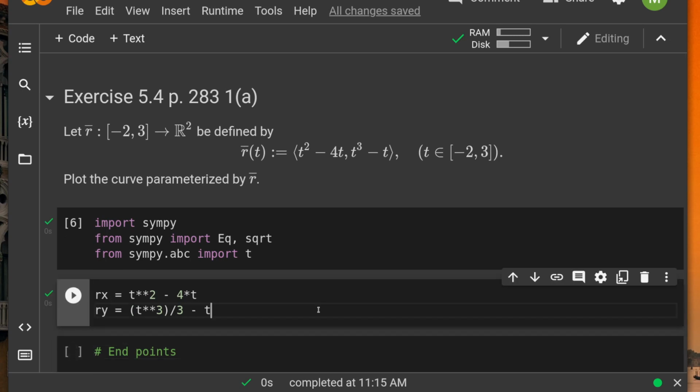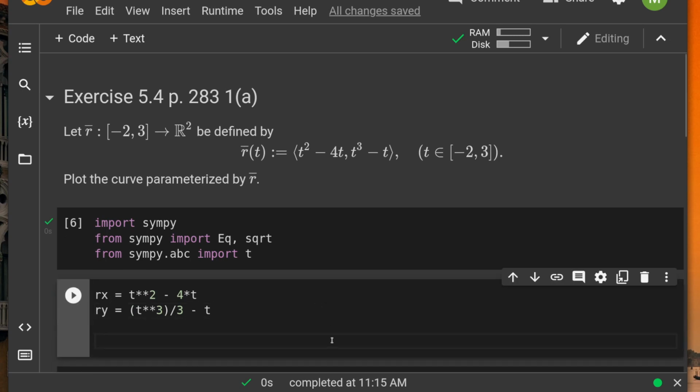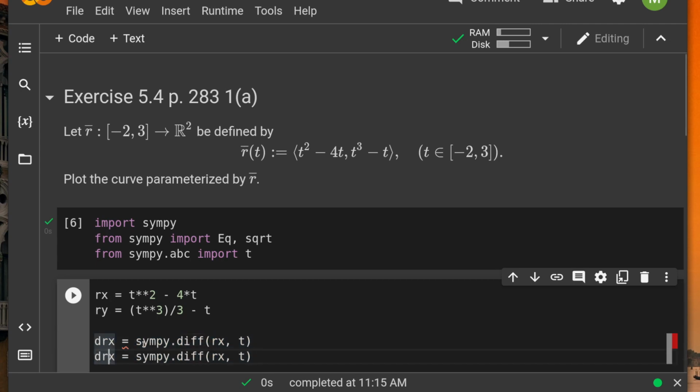There we've got the x component and the y component of our vector function. We're also going to need the derivatives, so let's use SymPy to do the derivatives. So dx, for the derivative of the x coordinate, uses sympy.diff for differentiate, and we differentiate the x component with respect to t. And similarly for the y component.